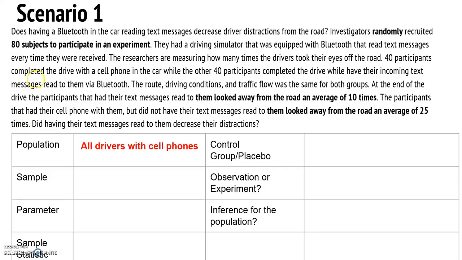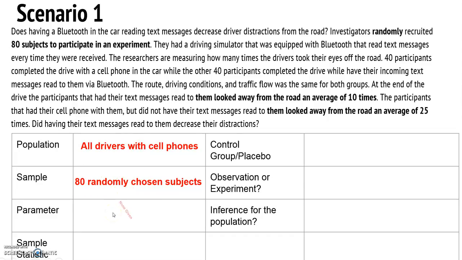It's all drivers with cell phones, because where did the sample come from? They randomly recruited 80 subjects to participate in an experiment, and we are only talking about people with cell phones. This would not apply to people that don't have cell phones, because that would not distract them in the car. What was our sample? It's important to note here that they were randomly chosen, so 80 randomly chosen subjects.